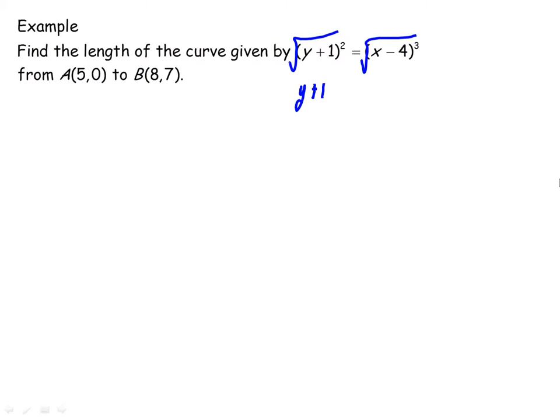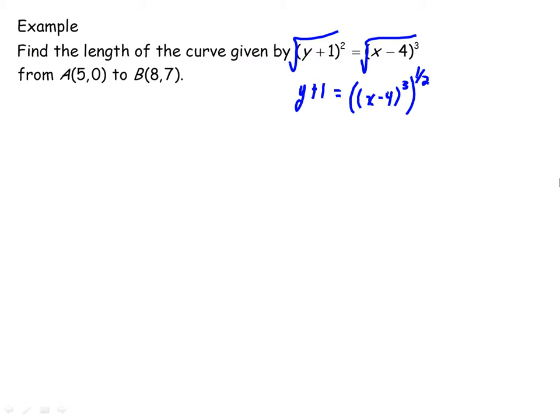Okay. So you have y plus 1 is equal to, now watch what I'm going to do, okay? I have x minus 4 cubed, and instead of writing the square root symbol, I'm going to raise it to the 1/2 power. Do you see what I did? Okay. So why did I do that?